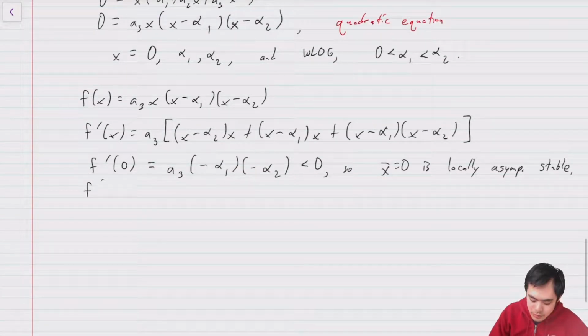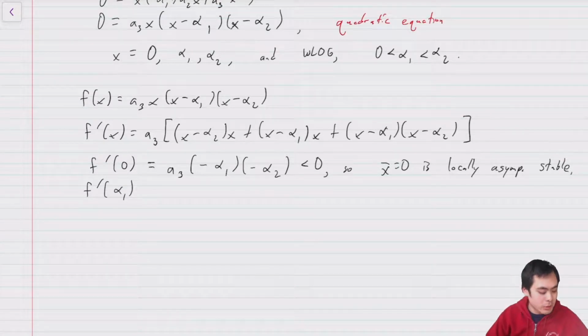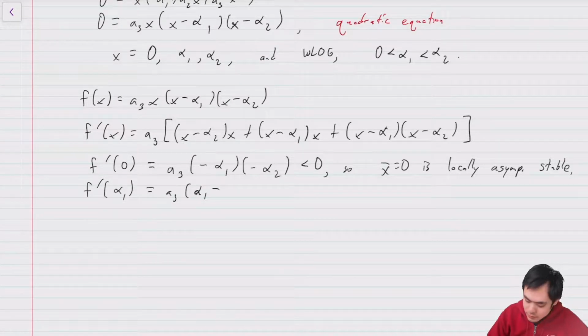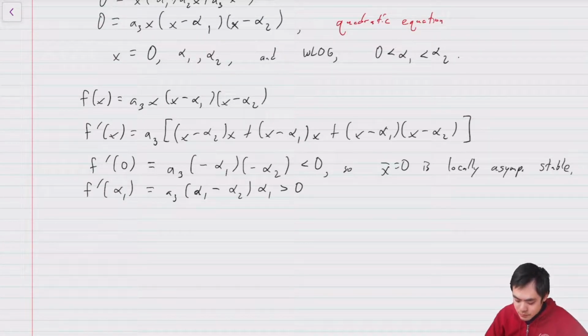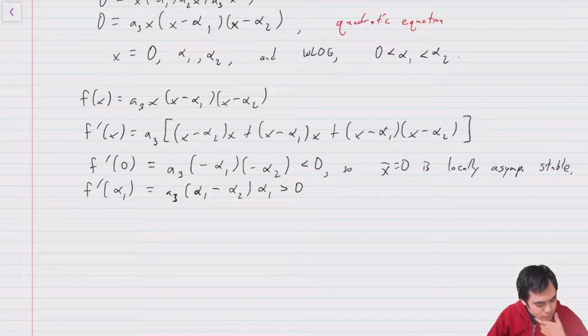And well, let's see, what is f prime of alpha 1? So our smaller of our 2 equilibria. Well, when you plug this in, you get that f prime of alpha 1 is equal to a3 times (alpha 1 minus alpha 2) times alpha 1, which is greater than 0 because... wait a moment, is that right?